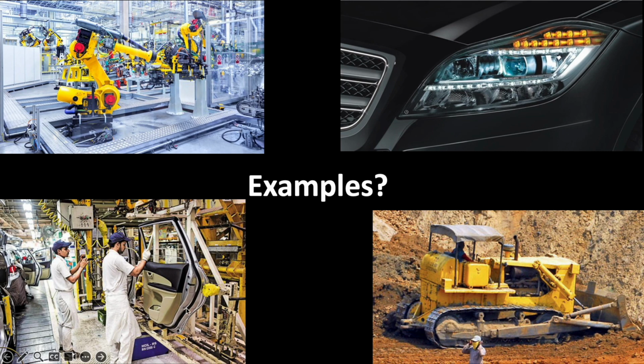This is the door. Here you can see the lighting. These are sort of semi-finished products that are then supplied, sold to, let's say, some of the automotive producers, and they create the final product, which would be a car.